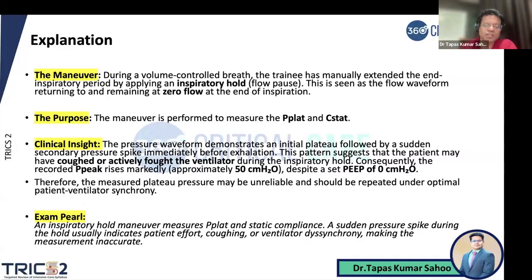Most probably this patient is having an active effort, coughing, or there is ventilator dyssynchrony, making the measurement inaccurate. So I will not rely on this 50 centimeter water plateau pressure, which is too high for this patient. Rather, I would wait for the patient to be patient-ventilator synchronous, so that I can again try to elicit the static compliance and the plateau pressure.